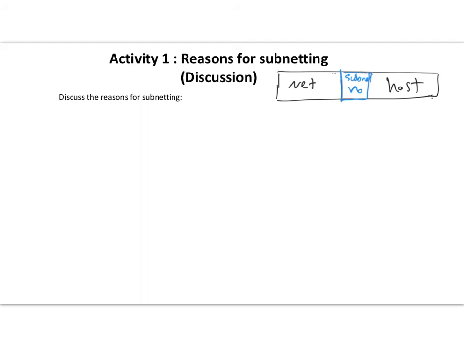Make it less complex. Actually, I can argue it's the reverse. If I have one network, it's easier to manage. If I have multiple subnets, it's maybe more complex to manage. For privacy. How?